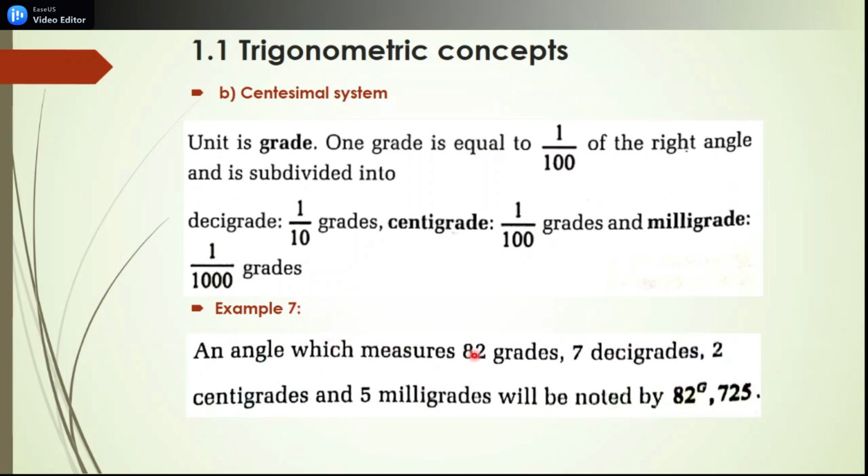An angle which measures 82 grades, 7 decigrades, 2 centigrades, and 5 milligrades will be noted by 82.725 grades. This can be written as 82 grades, 7 decigrades, 2 centigrades, and 5 milligrades.